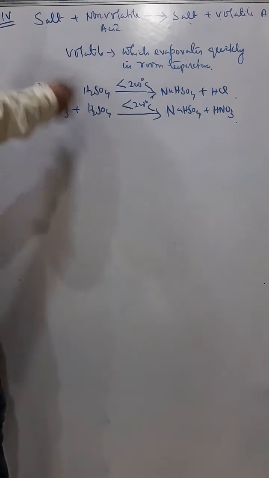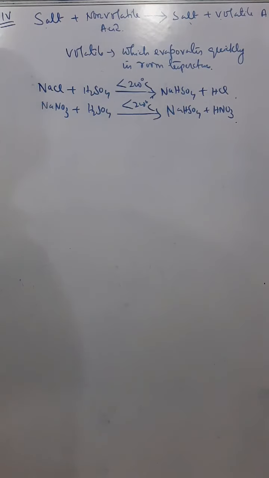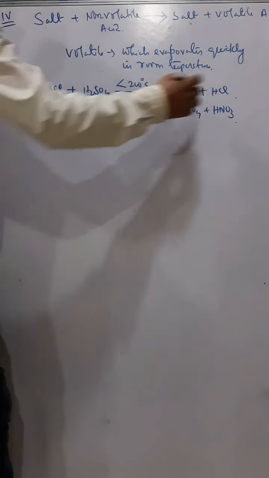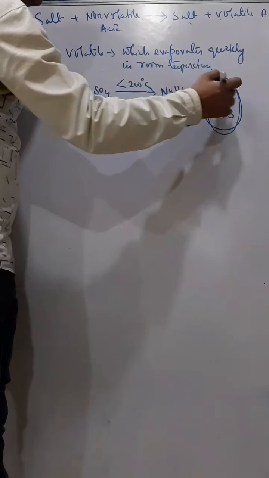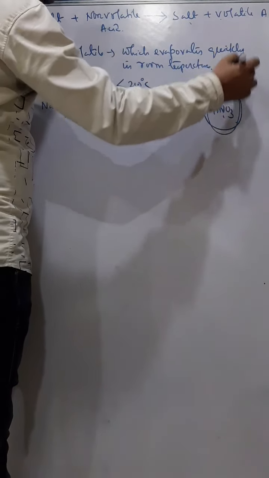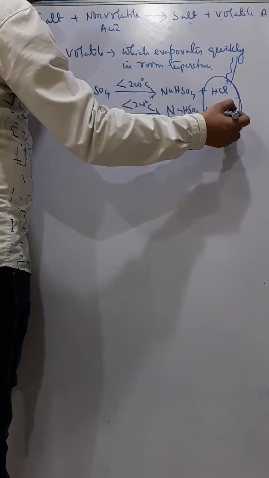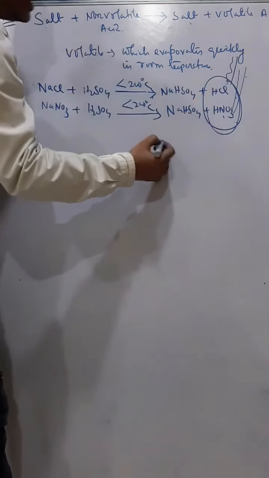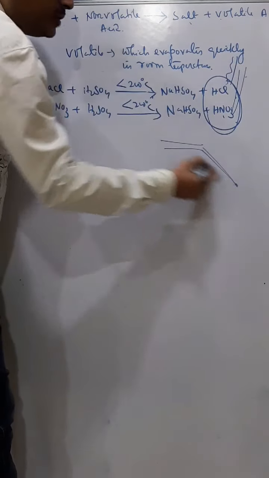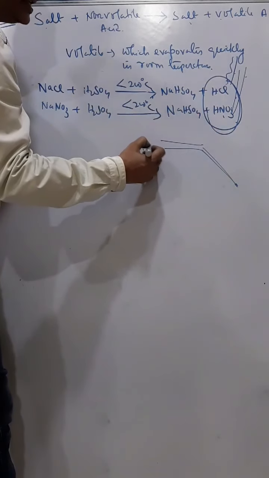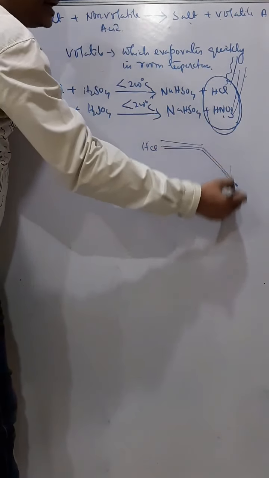But by using nitric acid or hydrochloric acid we cannot prepare sulfuric acid. Okay. The reason is, these are volatile acids. So from non-volatile we can prepare volatile. Now these volatile acids evaporate, they form fumes, and we collect those fumes of the acid, say HCl vapor, we condense and collect.